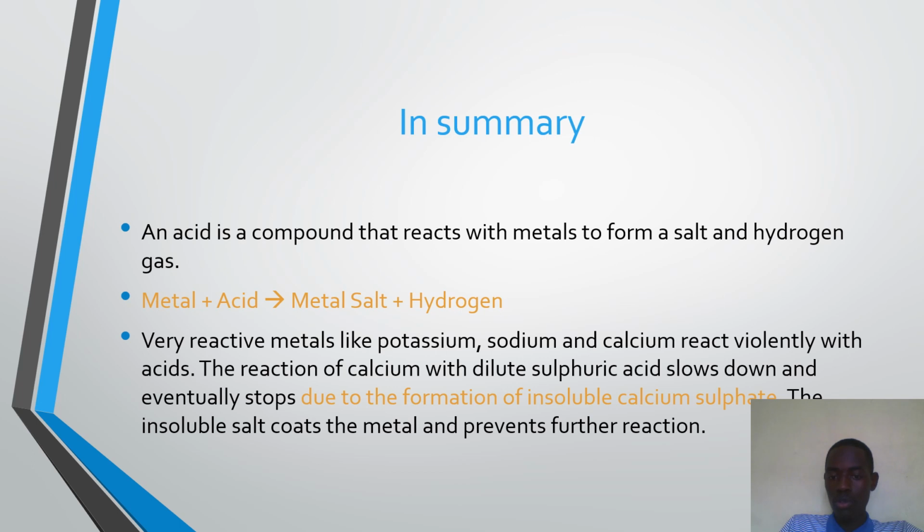These insoluble coats prevent the metal from further reaction, and that's why if you react sodium and calcium, the reaction will not go to completion. Why? Because there is a formation of insoluble salt, which coats the metal, preventing further reaction.